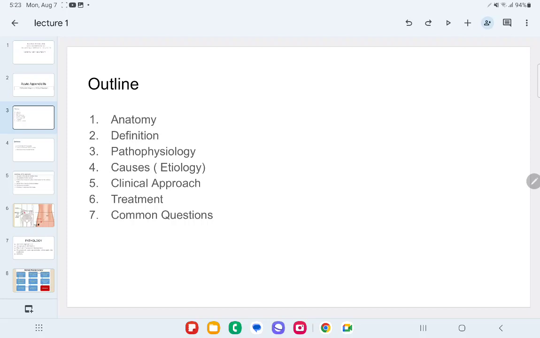At the end, treatment and the complications of acute appendicitis, before treatment and after treatment. And we will send in later days questions about acute appendicitis. Let us start our lecture.